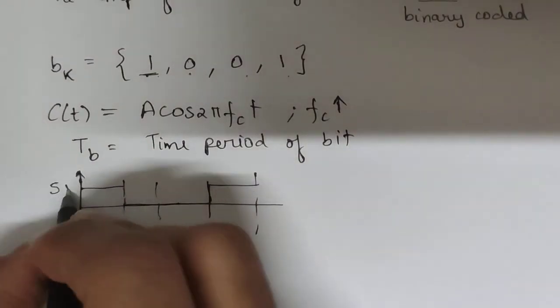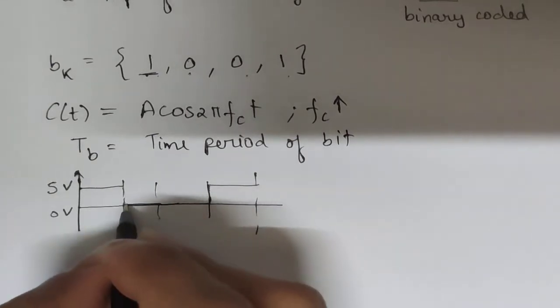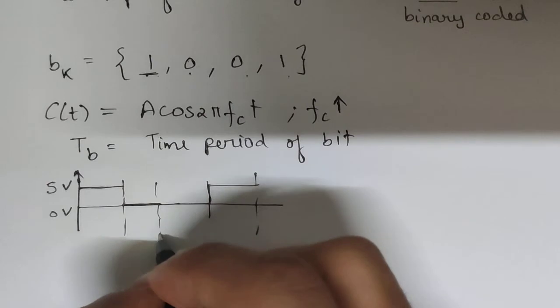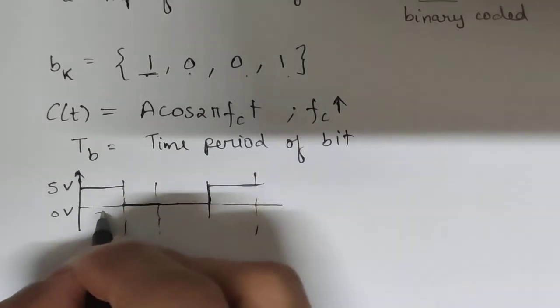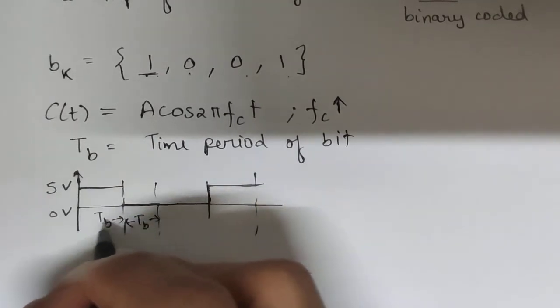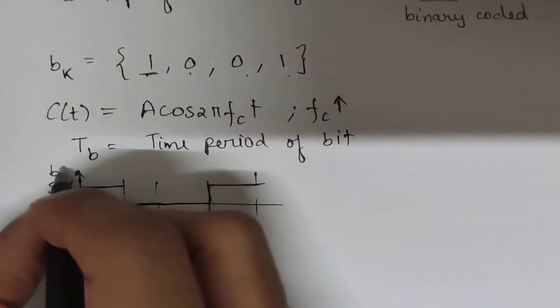Let me say 5 volt and 0 with 0 volt. You can choose another voltage level according to your system. And this bit is on for TB and this bit is on for TB, off for TB. And it goes like this. So this is my b of t.